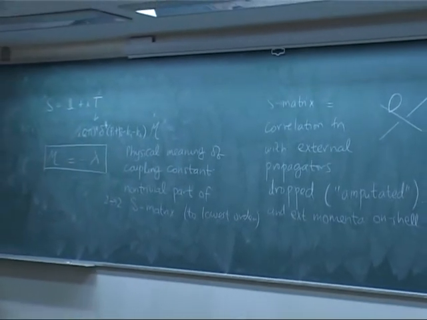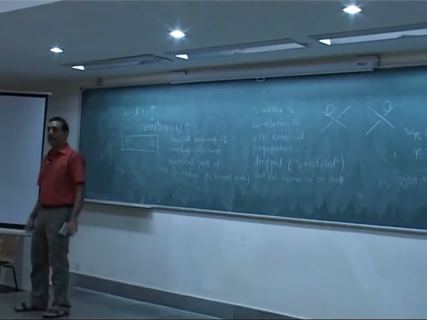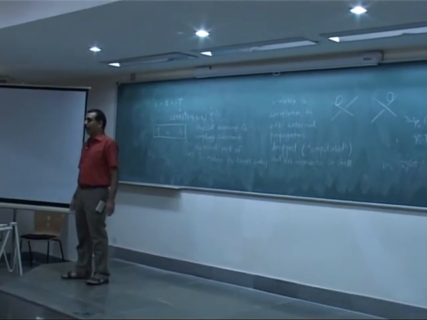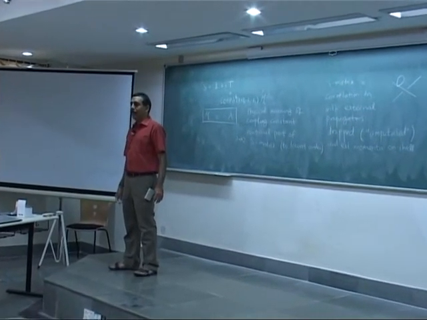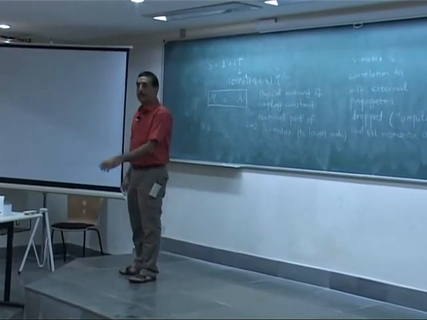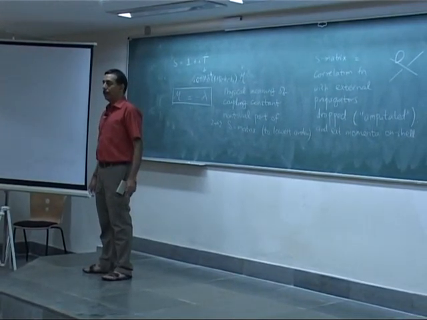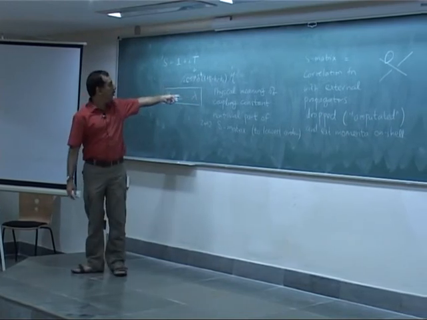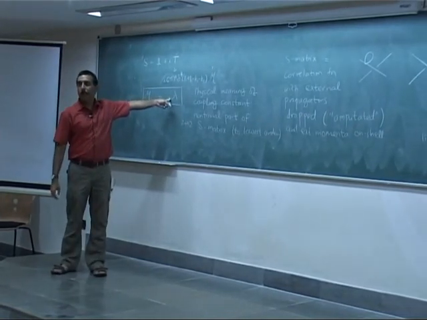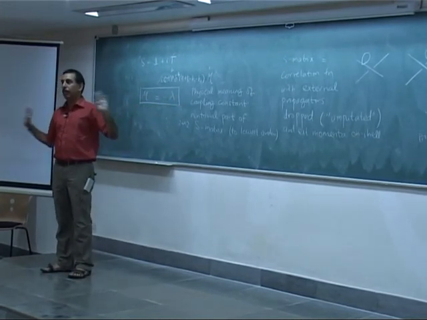Notice that only after dropping the external propagators could we put k squared equals m squared, because what are the external propagators? They are 1 over k squared minus m squared. So if we didn't drop them and we tried to put k squared equals m squared, we'd just get infinity and we wouldn't know what to do. But the S matrix prescription tells us to first drop them, because it says they don't appear in the calculation. So now we are free to put k squared equals m squared because the external propagators are not there.